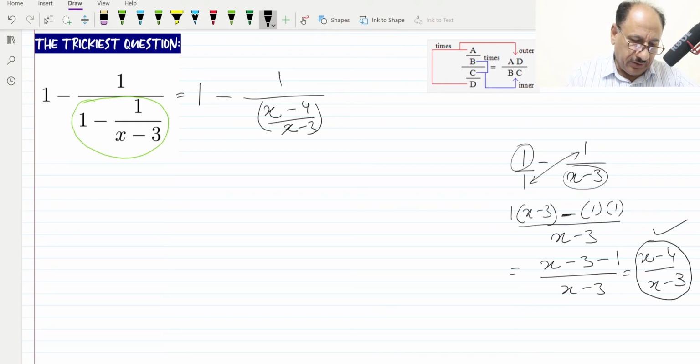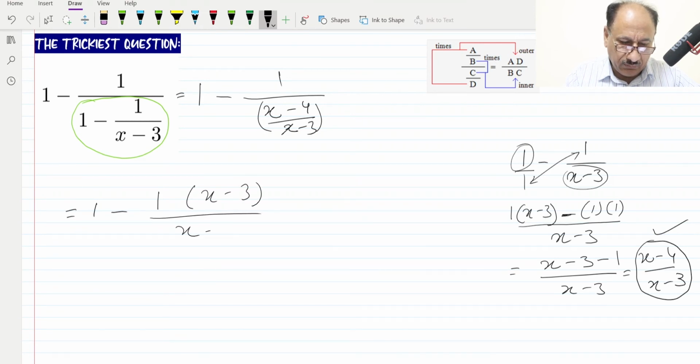We rewrite it as 1 minus, and we know that if the fraction is in the denominator we have to take its reciprocal. So the reciprocal will be 1 into x minus 3 going up, and x minus 4 remaining over here. If you are confused here, then go back and revise this fraction over fraction rule and come back to this step. Hopefully you understand this.